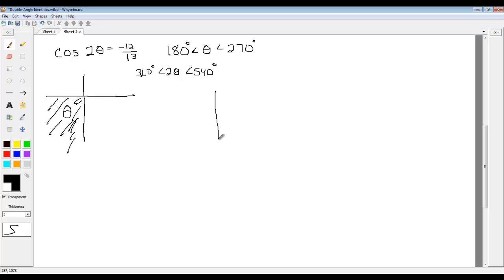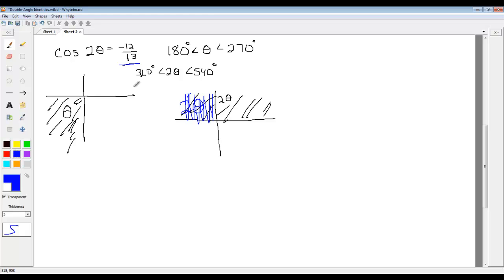So 2 theta is going to fall somewhere in here. But then knowing that the cosine of 2 theta is negative, that narrows it down that 2 theta has to be in quadrant 2 somewhere. Okay, that's nice to know.